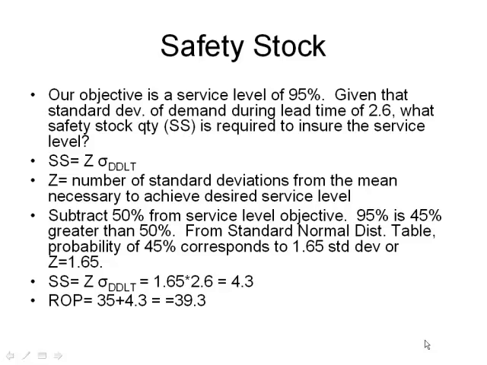So that's one side of the coin, where we looked at the number of standard deviations from the average demand during lead time in our case, and figured out what service level that would give us, or what the probability of seeing something less than or equal to that number of standard deviations from the mean is. But that's not the way that most businesses look at the problem.